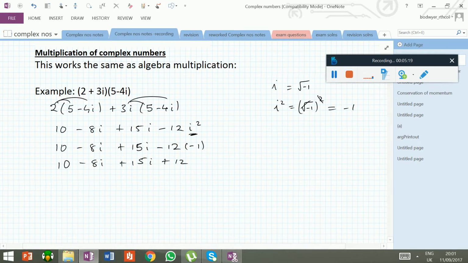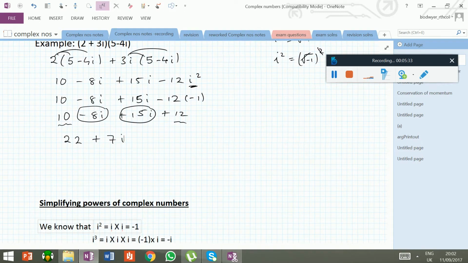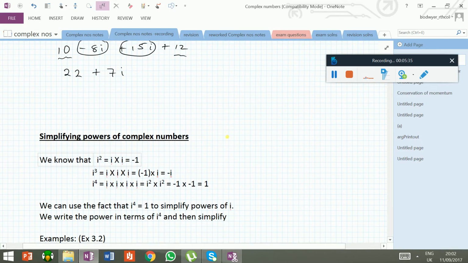Now we simply group the reals together. You get a 22. And the imaginaries together, you get a plus 7i. Okay, so that's multiplication, very much like algebra.